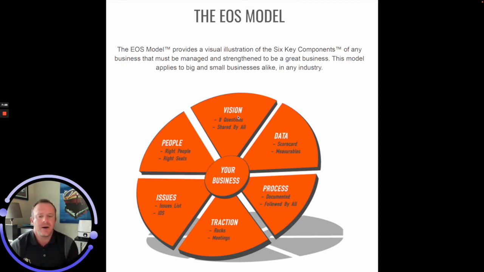With traction, there are all kinds of different things within our traction playbook. The couple that you see there are rocks and meetings. We'll go into this in much more detail later on, but rocks are quarterly goals that we set. A rock is specific to one person, and it's a goal that they're going to achieve and complete within the next quarter.